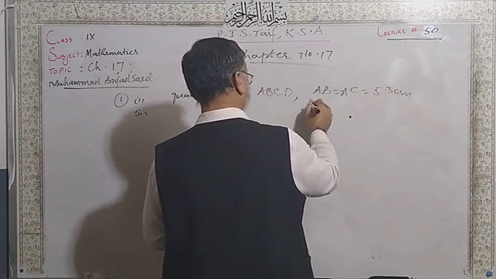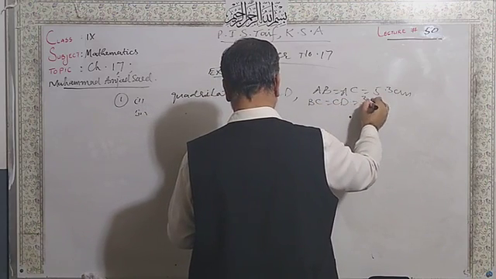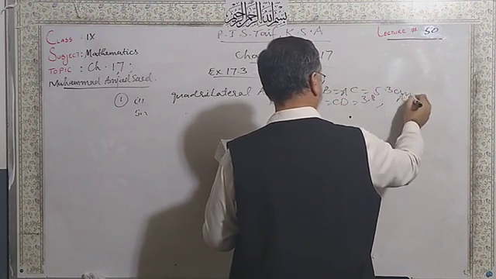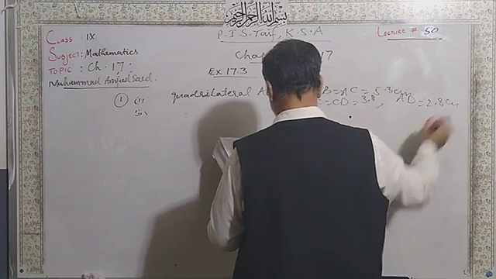Then BC is equal to CD is equal to 3.8 centimeter and AD is equal to 2.8 centimeter.